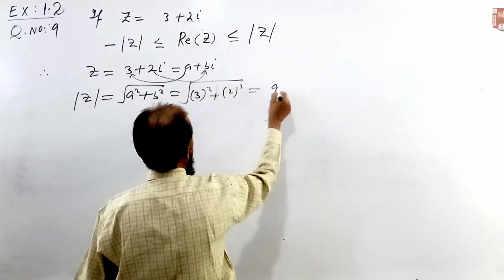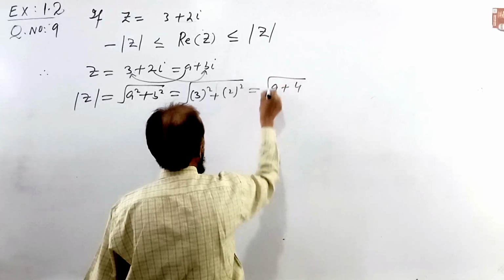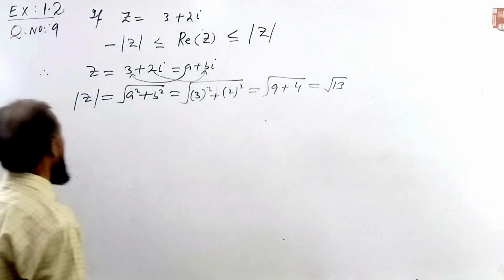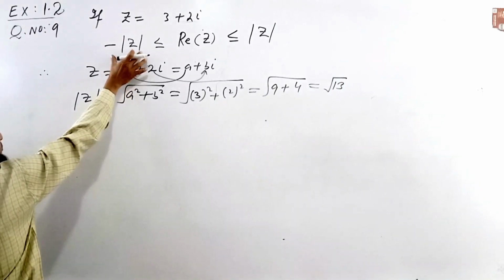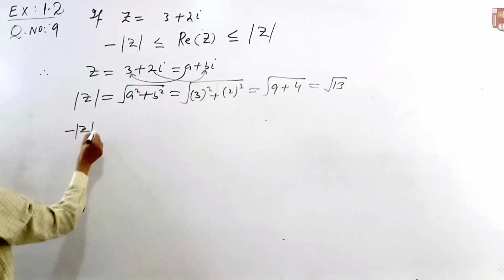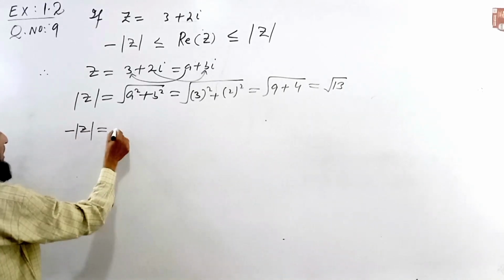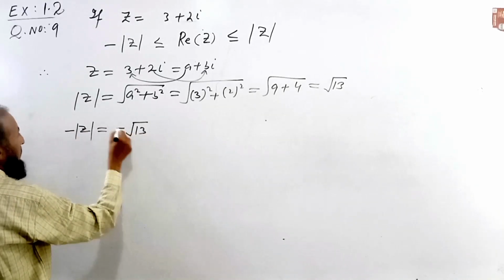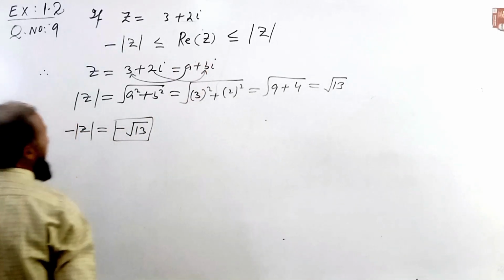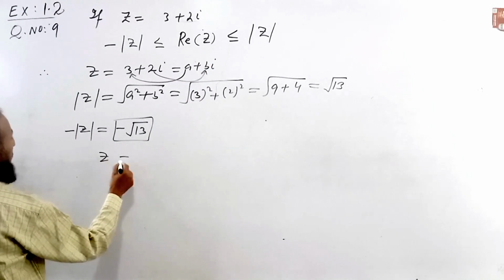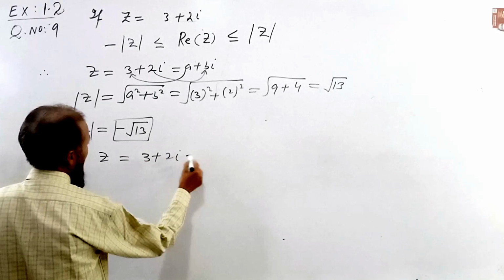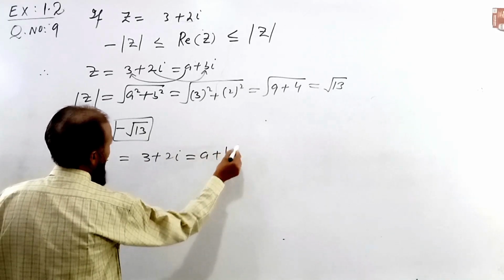So we get 9 plus 4, and we get root 13. But the question asks for minus absolute z, so the result is minus root 13. Now the real part of z: compare 3 plus 2 iota with this form.